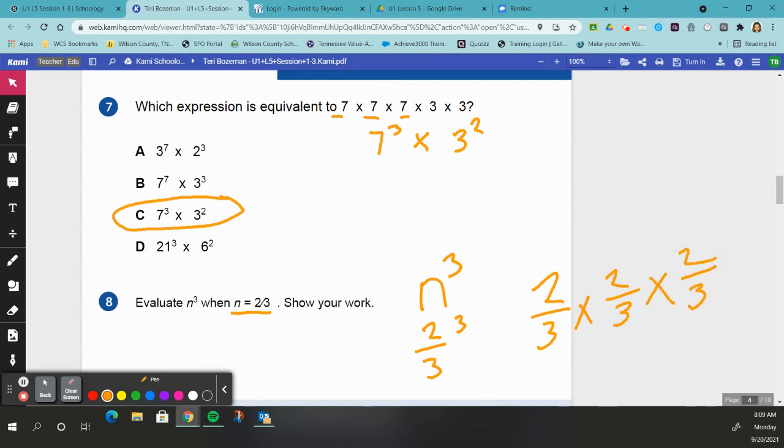And when we're multiplying fractions, we multiply across the top, and then we multiply across the bottom. So 2 times 2 times 2, so 2 times 2 is 4, times 2 more would be 8, and then 3 times 3 is 9, times 3 would be 27. So we have 8/27.